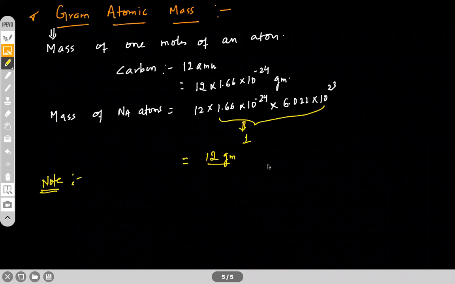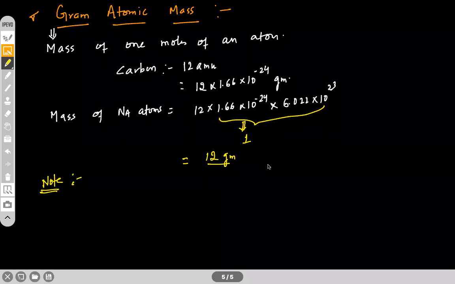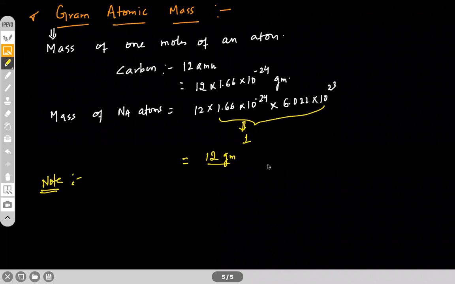So gram atomic mass or gram atom of any element, of every element, consists of the same number of atoms, and this number is equal to the Avogadro number. Correct?